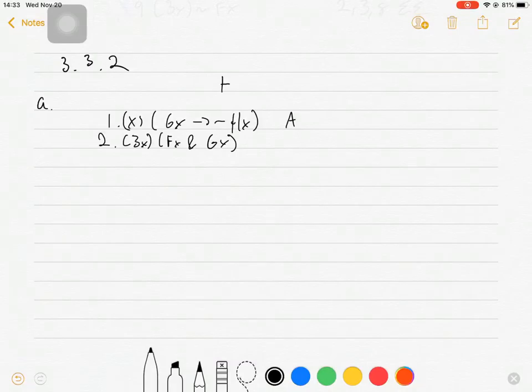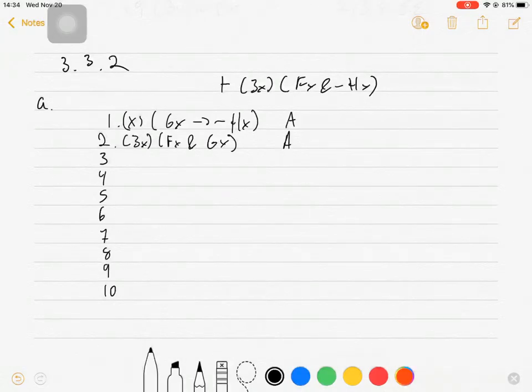And our goal with A. Alright, so since we see that we have an existential, we know that we're going to have to do a subproof in order to reach our goal.